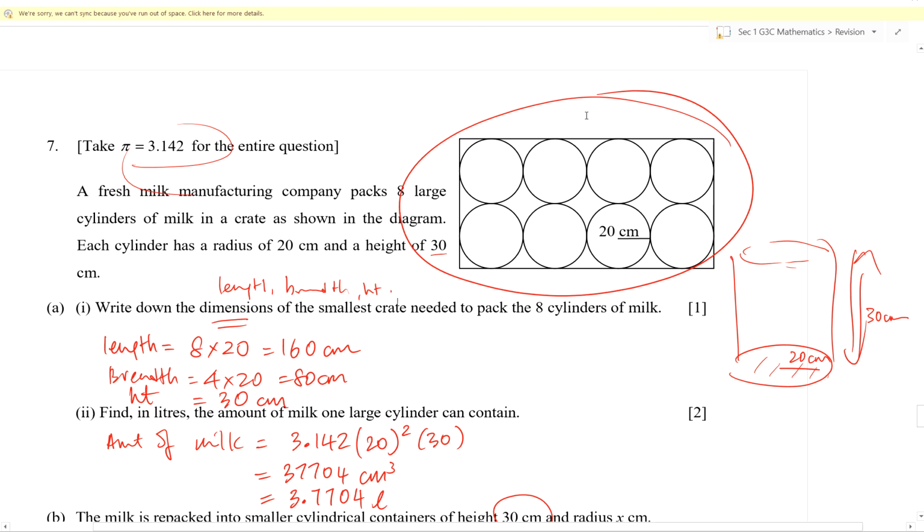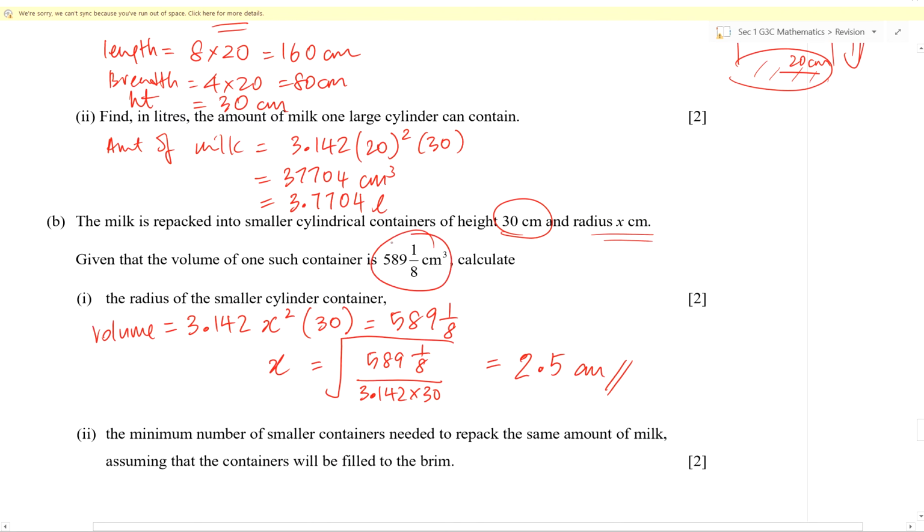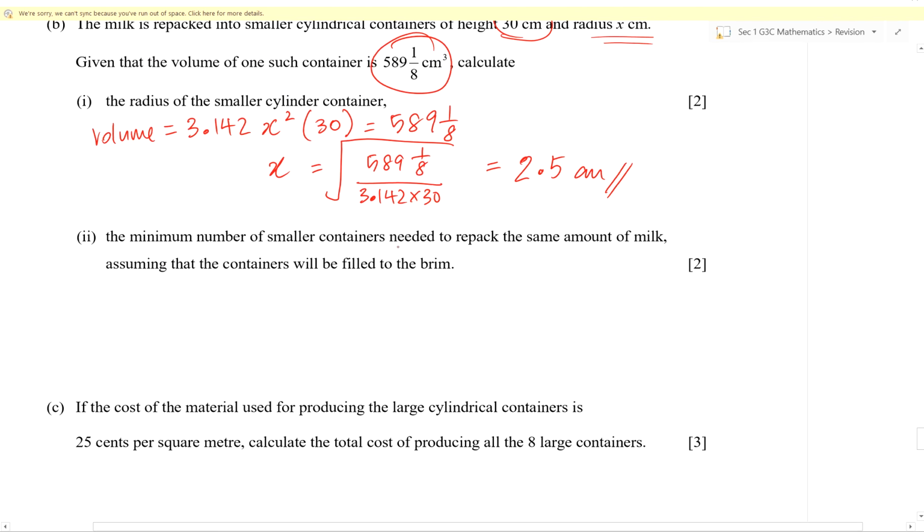Each little container will hold 589 and 1/8 cubic centimeters. And how many of these containers are required? So we need to do a division. Number of containers will be the total volume divided by the tiny volume. So the total volume will be 8 times one big container.